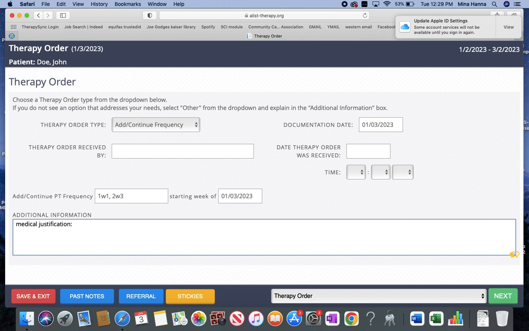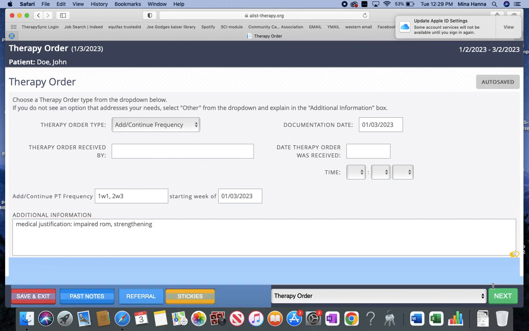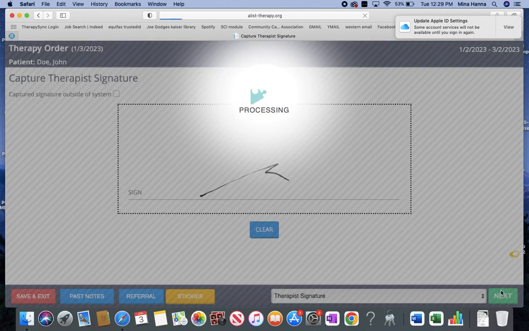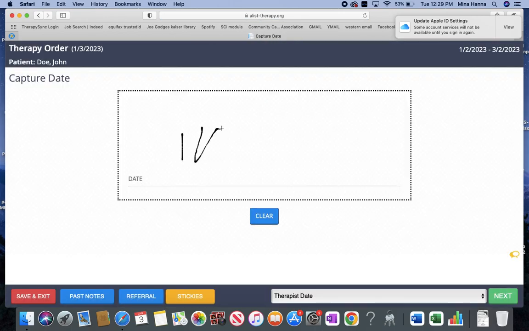It can be something like, impaired range of motion and impaired strengthening, or whatever you want to write. We have a template that you can kind of use as well. I won't go over this because there's another video explaining this anyway, but that's what you can write. 1 or 2 sentences here, and that'll be good enough. And then you just, again, sign and date it and finalize it, and then that'll be it.